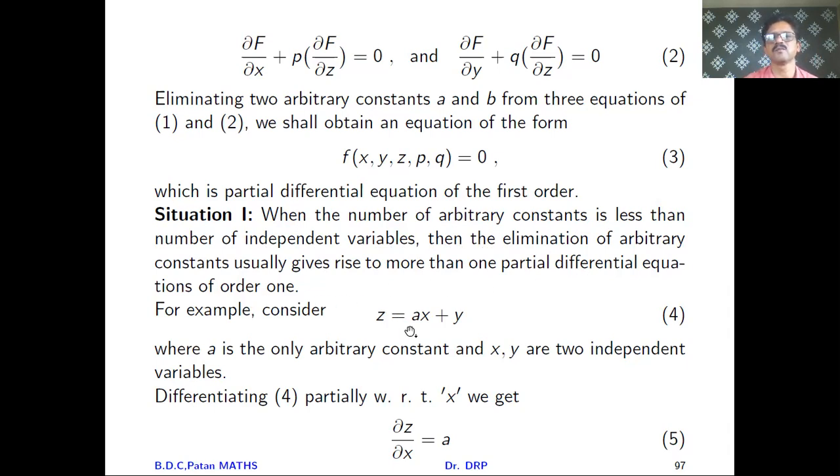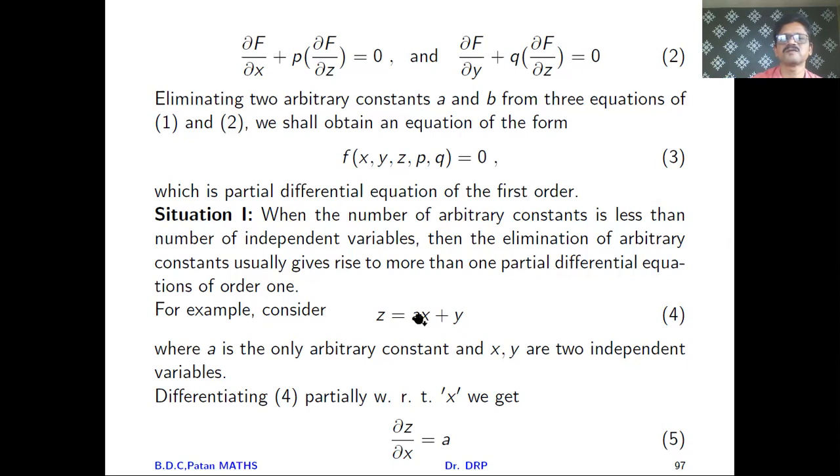If you consider this example, the number of arbitrary constants in the equation is only a, which is less than the total number of independent variables. Independent variables are x and y, dependent is z. So a is only one arbitrary constant, and independent variables are two.